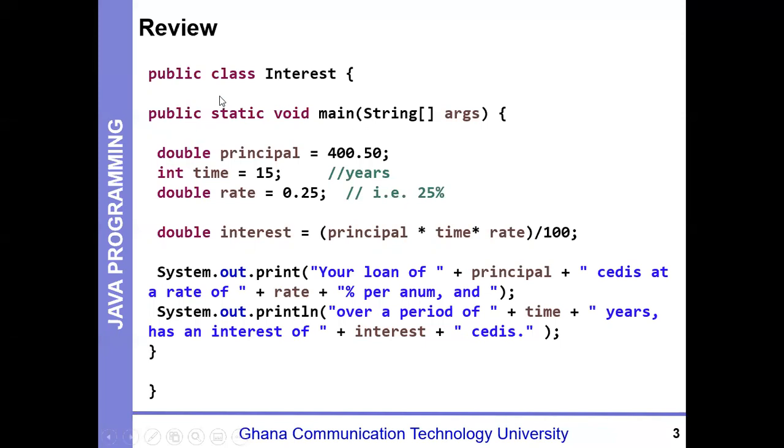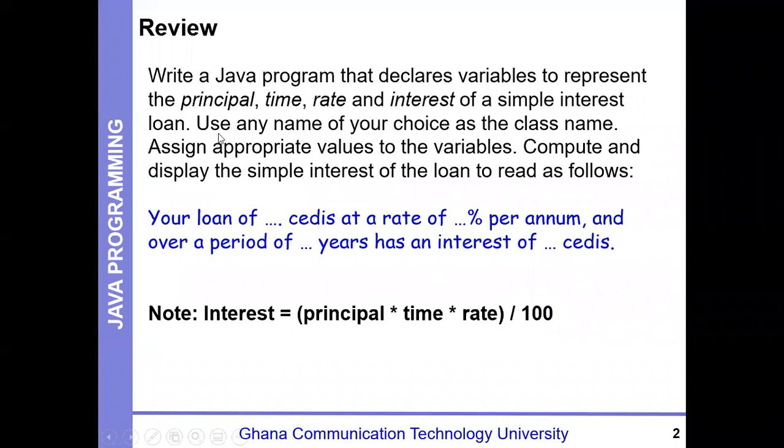So when it comes to money or other things that involve decimals, you need to use double. The assignment said declare variables to represent principal, time, rate, and interest, with any name of your choice.